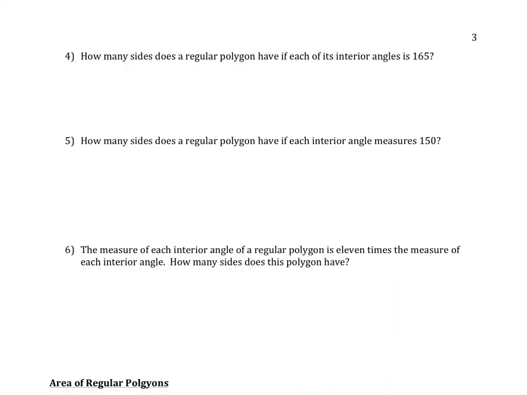Okay, number 4. How many sides does a regular polygon have if each interior is 165? So I find the easiest way to do these is just to use the formula for each interior and set it equal to 165. I'll show you both ways, but this is each interior is n minus 2 times 180 divided by n.